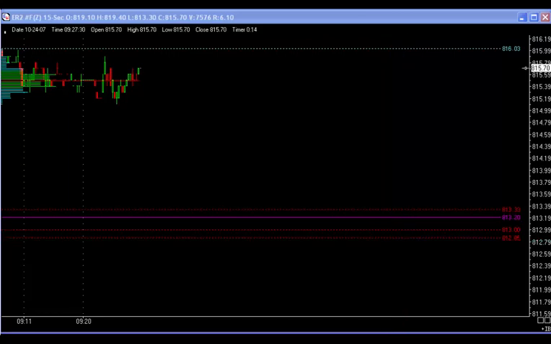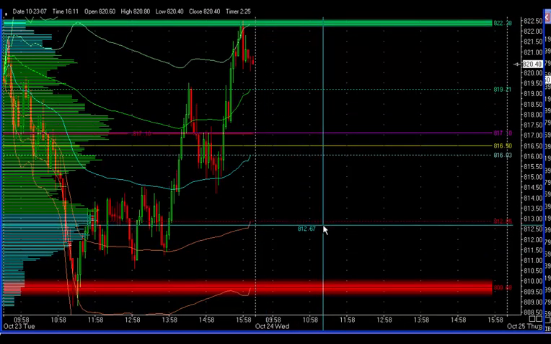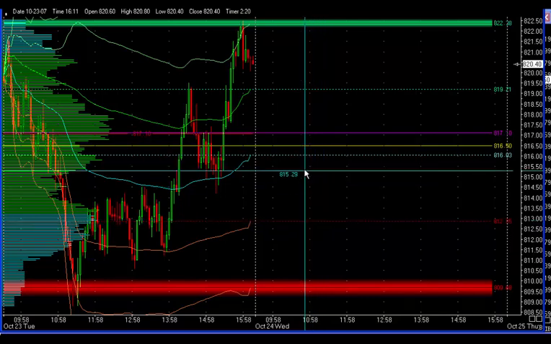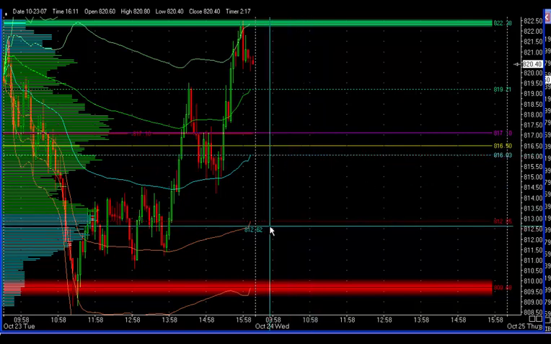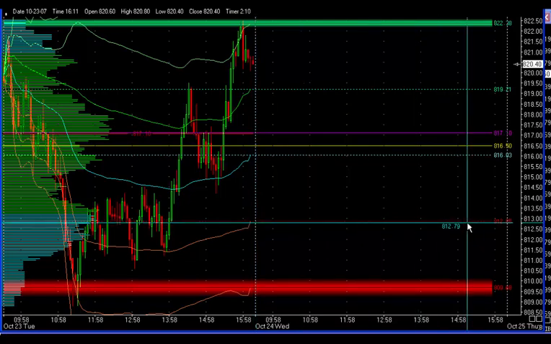The 812.85 VWAP, first standard deviation, comes from a chart from yesterday's data shown here. Here is the 812.85 standard deviation below the VWAP, and this particular value is drawn as a dotted line.